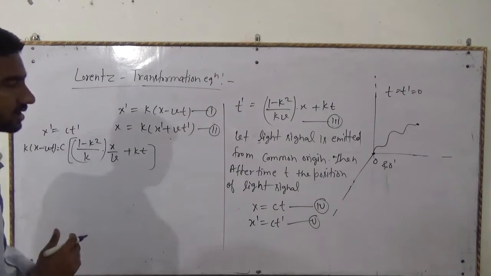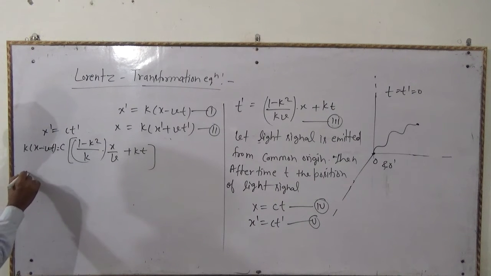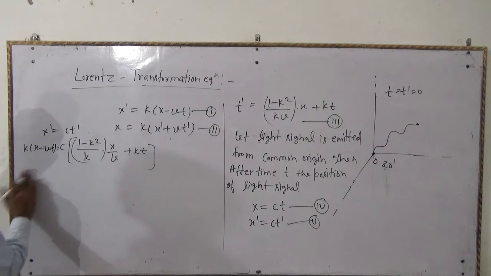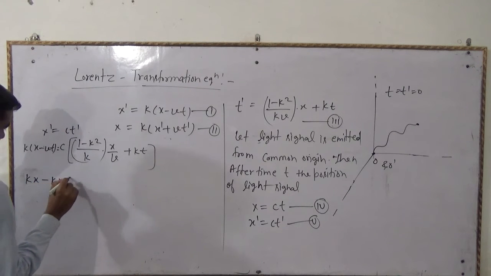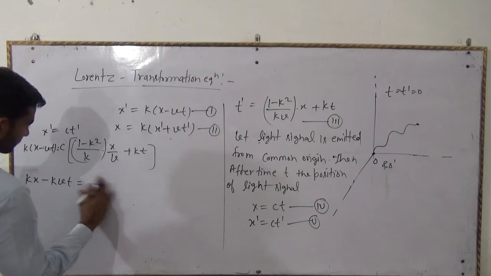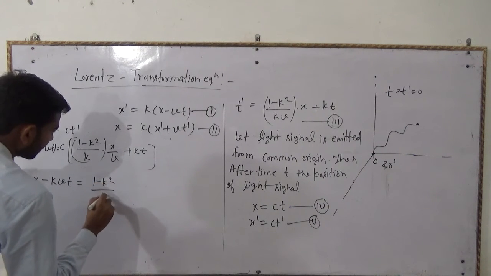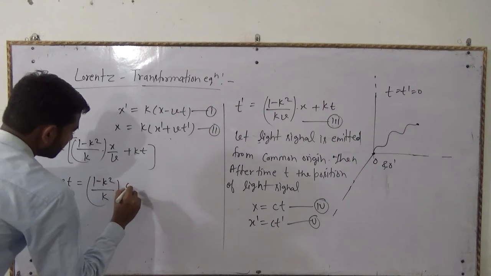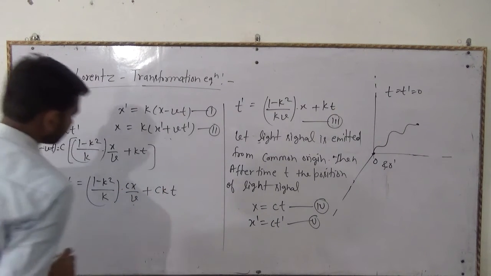After simplifying it, we can get here kx minus kvt is equal to c, multiplied by 1 minus k square by k into x by v plus kt, that is c into that.